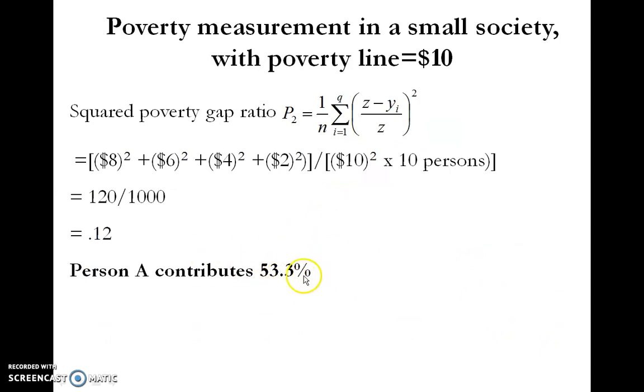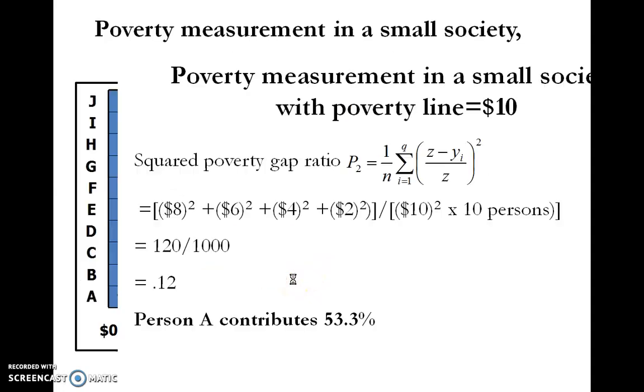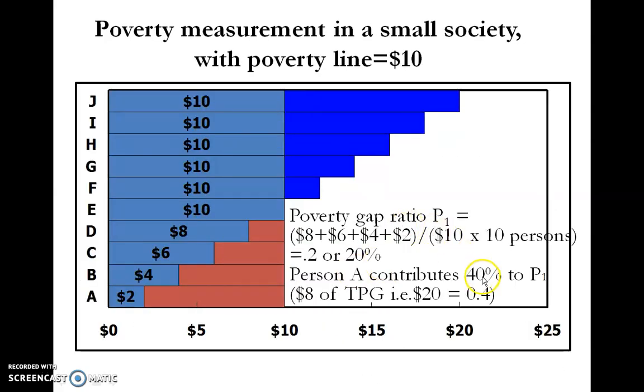It's 53.3% for P2 and it is 40% for P1. So with your P2 FGT measure, it is attaching more weight to the poorest person in this particular society.